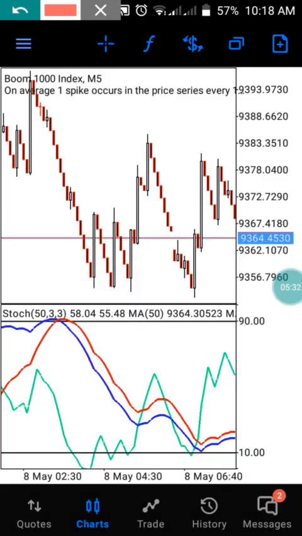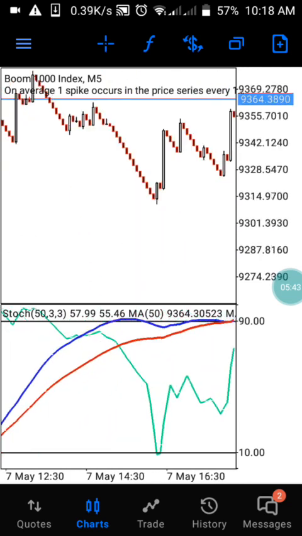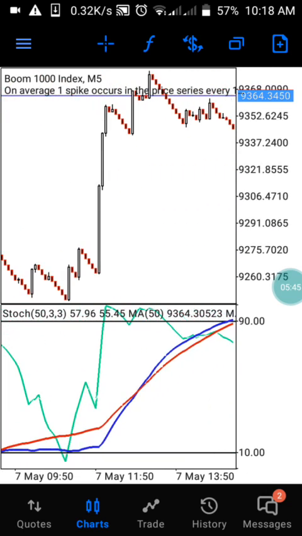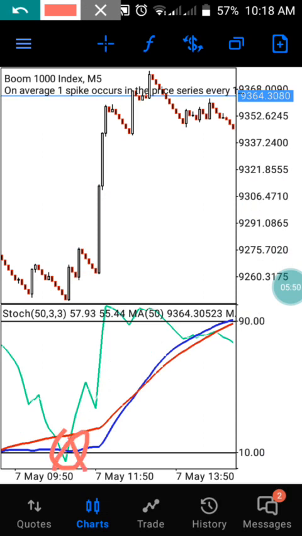Anytime we have our stochastic ranging below the 10 level, then you know that a spike is coming on the uptrend very soon. That's exactly how it always happens. Once it moves below the 10 level, then you keep seeing spikes moving on the uptrend.